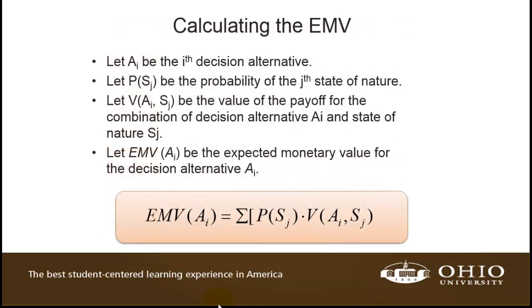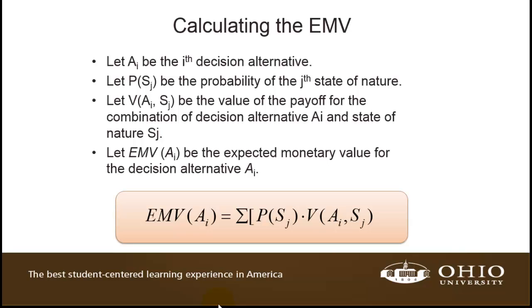Let's look at how we calculate this expected payoff or expected monetary value. We simply look at each alternative and look at the probability that each state of nature will occur and take the payoff associated with that combination of state of nature and alternative, multiply the probability times the payoff, and do that for each state of nature, add those up, and you end up with the sum equaling the expected monetary value.